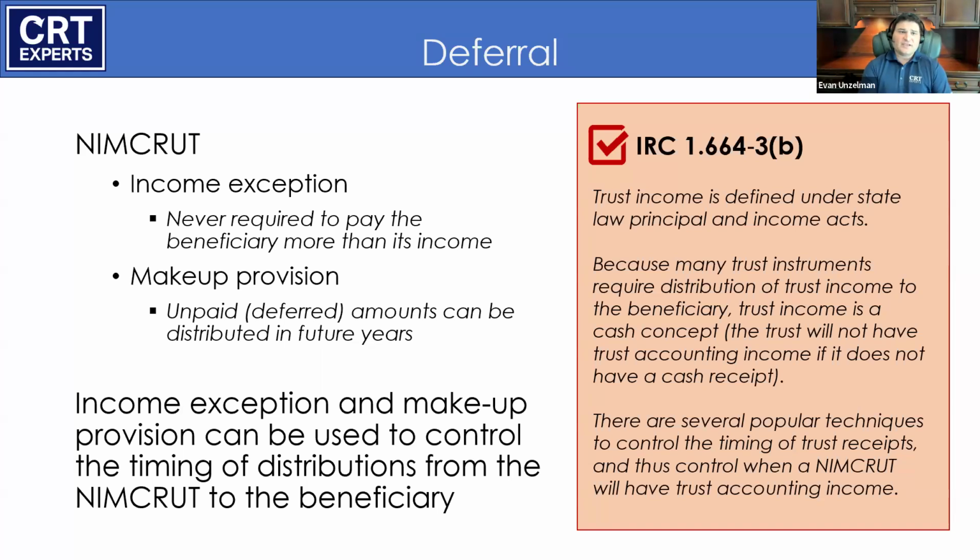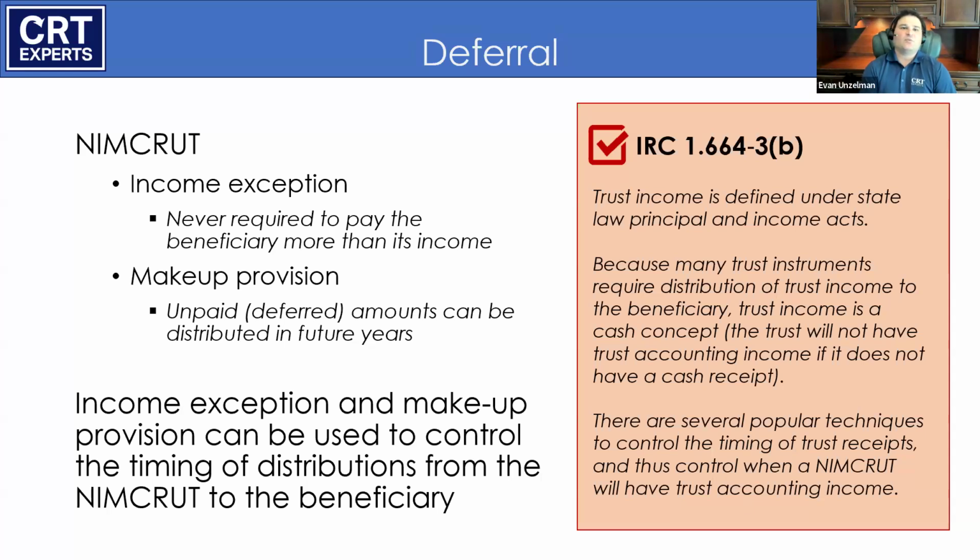So the key, we'll look at the deferral technique next, but the key is all centered around trust accounting income. Trust accounting income, or trust income, is a cash concept. And what that means is that the trust will not have income until it has a cash receipt. So we're going to look at the three most popular techniques for providing this ability to defer income, but each of them is working the same way.